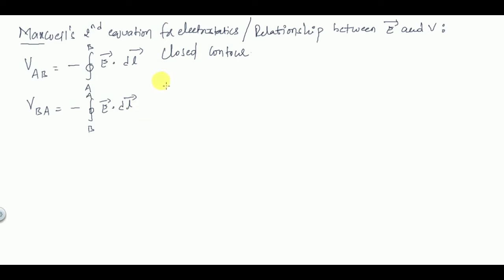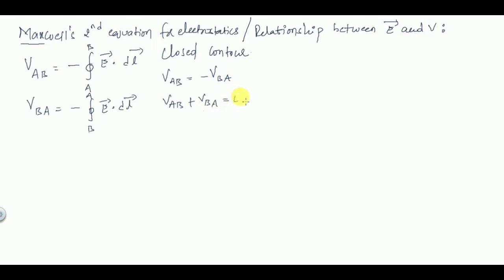So what can we write here? Since only limits are reversed here, we can write VAB is minus VBA. Yes or no? If you take a negative sign here, we can reverse the limits. So VAB is equal to minus VBA. So what will be VAB plus VBA?